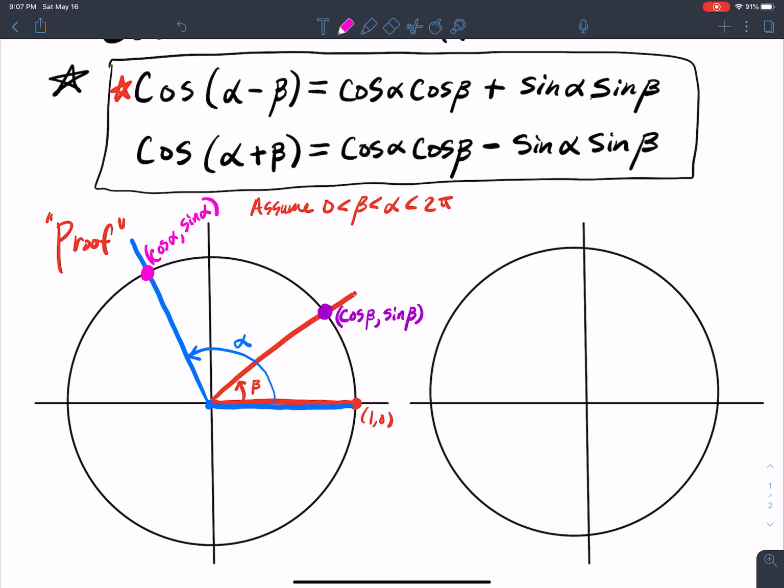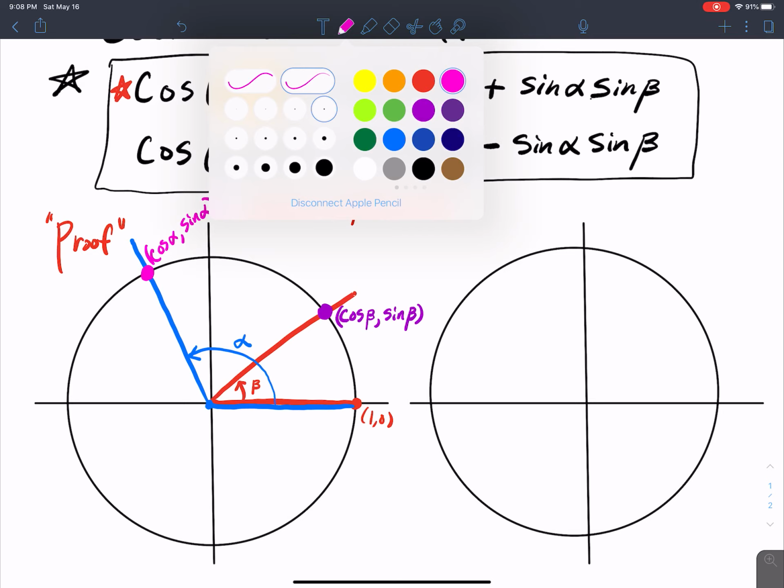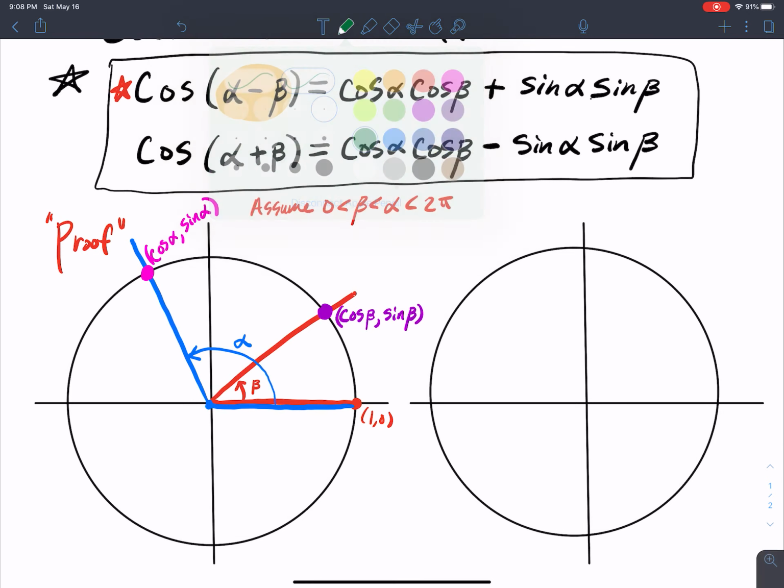All right. So what I'm looking for is alpha minus beta, the bigger angle minus the smaller angle. Alpha minus beta represents this right here.